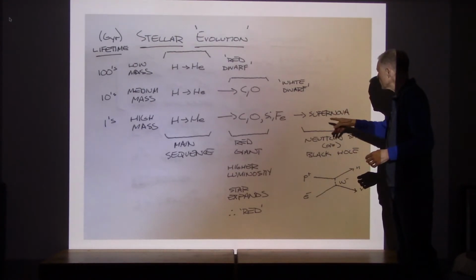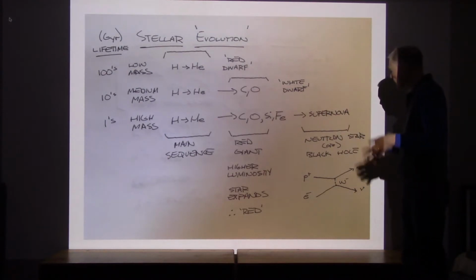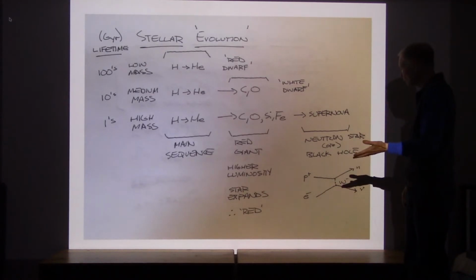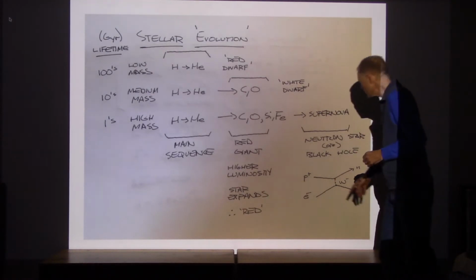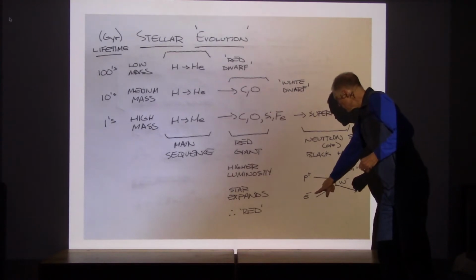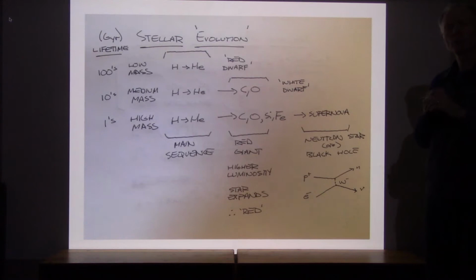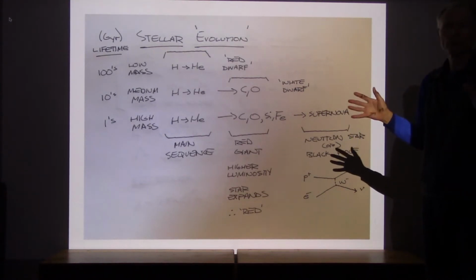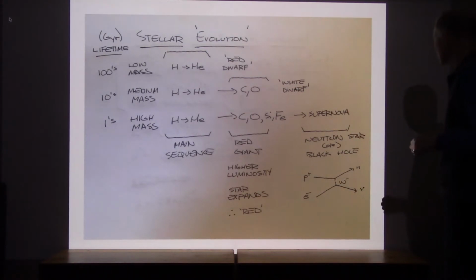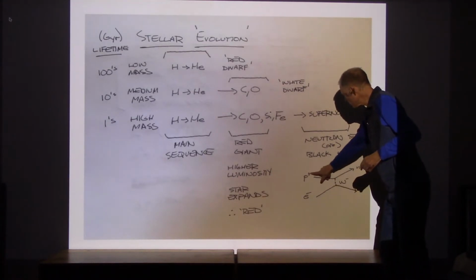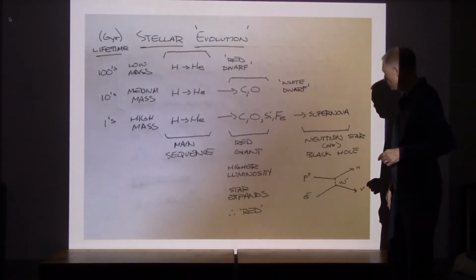Now, in a supernova, there's so much gravitational force squeezing down on this collection of nuclei and electrons that the electrons actually are converted into neutrinos. And the neutrinos fly off. The neutrinos can leave that supernova. Now, along with the electrons leaving, the protons in that reaction convert to neutrons.